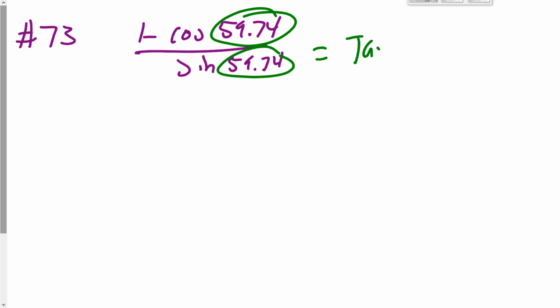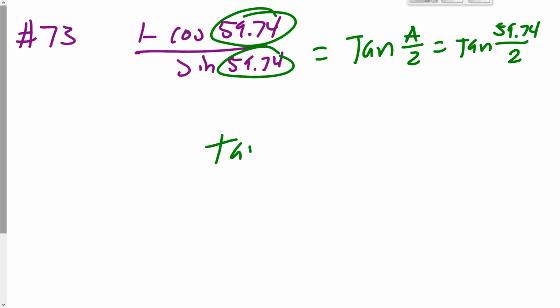So tangent of a over 2 would be tangent of 59.74 over 2. So 59.74 divided by 2 equals 29.87. So tangent of 29.87. And on 73, that's all they ask you to write, right? Degrees. There you go. So there's your answer.